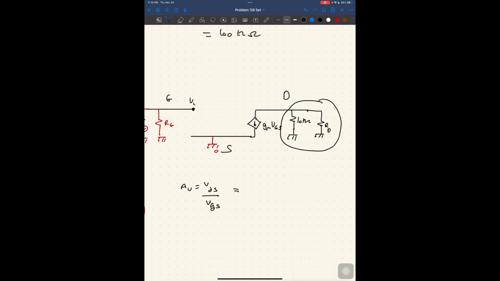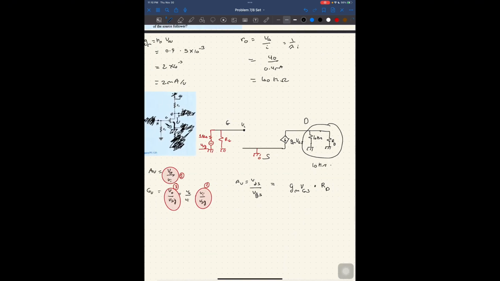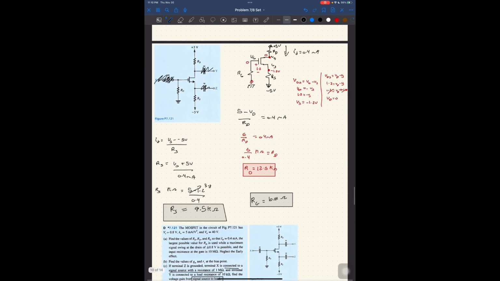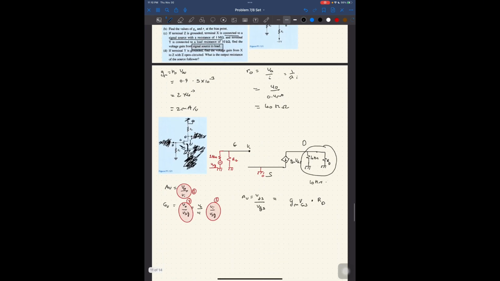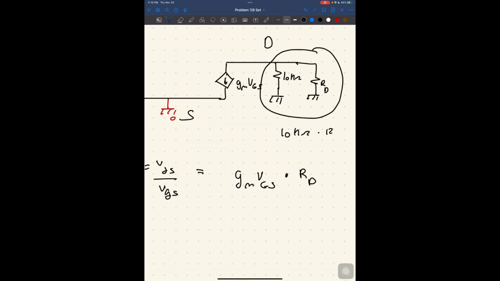So VDS is nothing but gm VGS, the current flowing, multiplied by RP, where RP is 10 kilo ohms in parallel with RD, where RD we found to be 12.5k, right? So 12.5k over 10 plus 12.5k, and that should give me 5.56 kilo ohms.